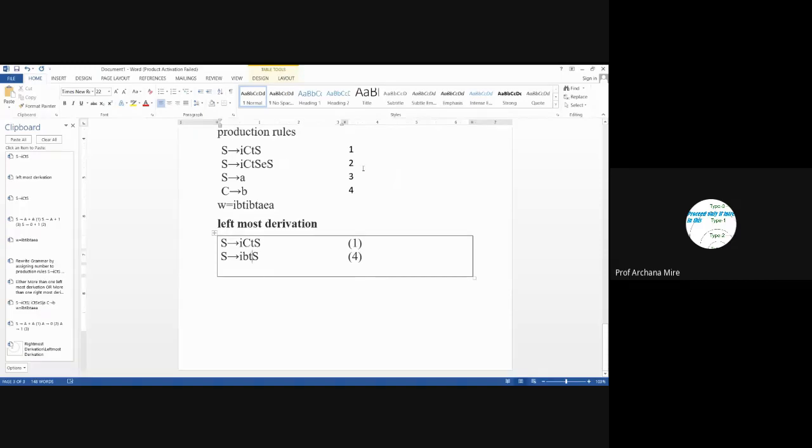Once again, we can apply production rule number 1 here, but by using production rule number 1, we will not be getting the required string. That's why we will not be using production rule number 1, but we will be using production rule number 2. So let's apply this production rule number 2.